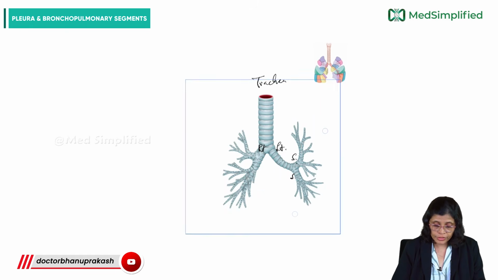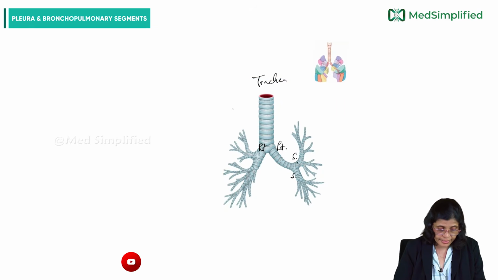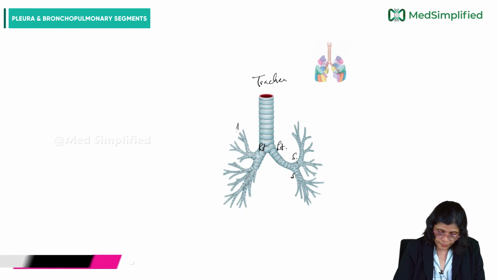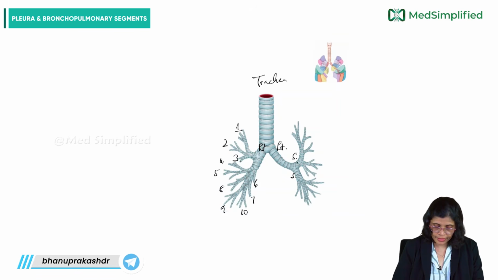Now each lobar bronchus will further divide into tertiary bronchi. If you see here on the right side, this is 1, 2 and 3, and here we have 4, 5 and 6, then 7, 8, 9 and 10.